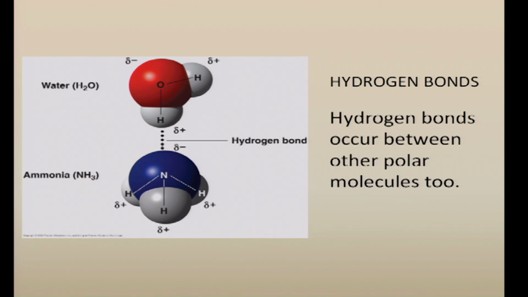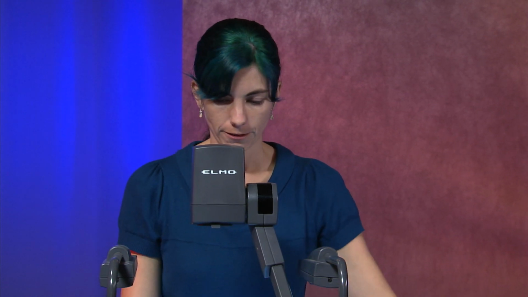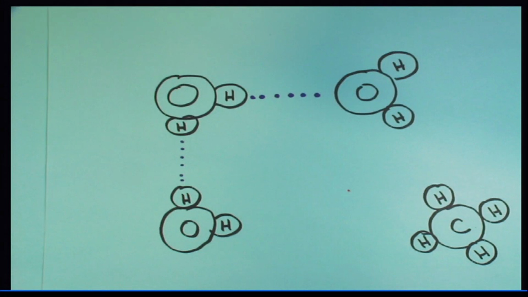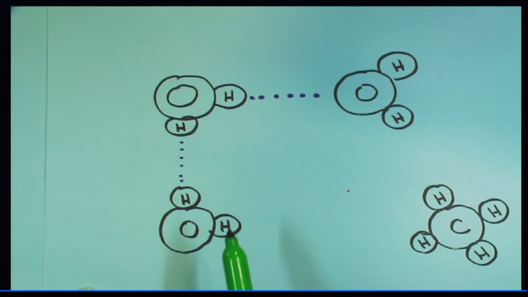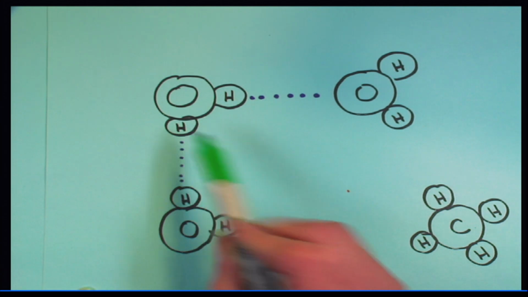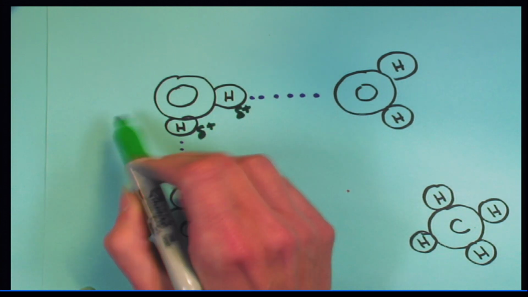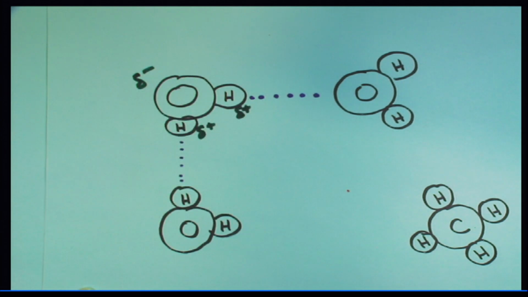So let's look at some examples to see where we do and do not see hydrogen bonds. Okay, I'm going to actually start with these 3 water molecules here. And I'm going to start with this one right up here and start by showing, okay, we have 2 hydrogens. Those are going to be partially positive, and of course this face over here of oxygen is going to be partially negative.